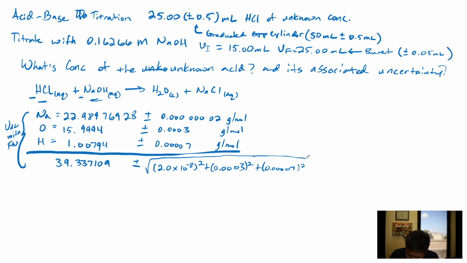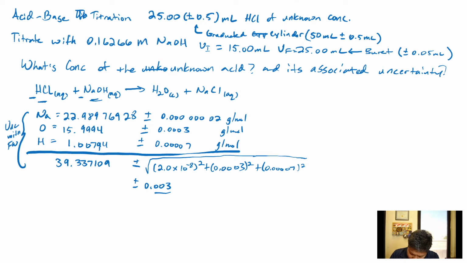Okay, like so. And then we can go through and calculate all that out, and what you should get is plus or minus 0.003. Cool. All right, and so this goes up to 3 decimal places here for the first uncertainty.